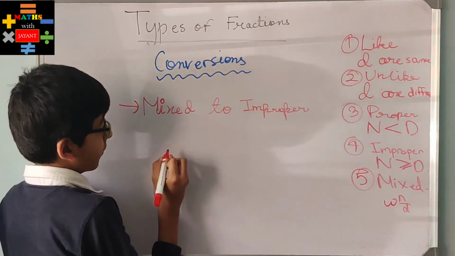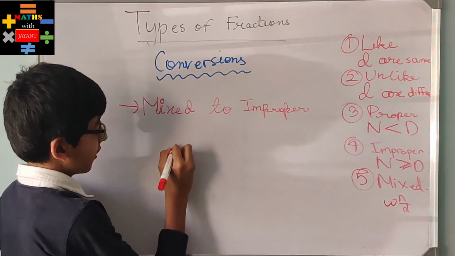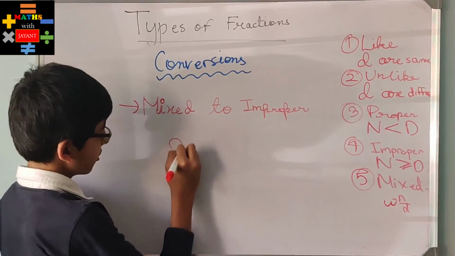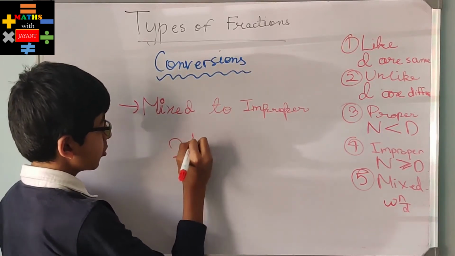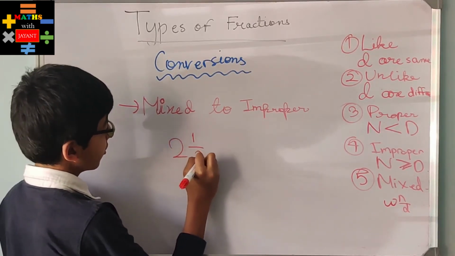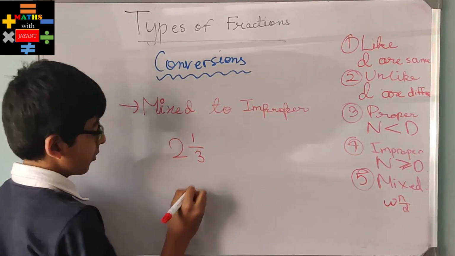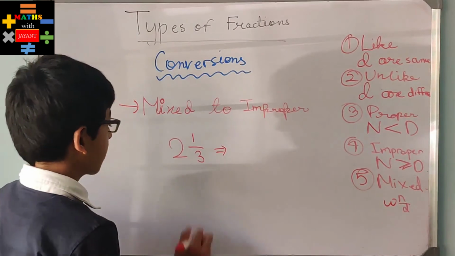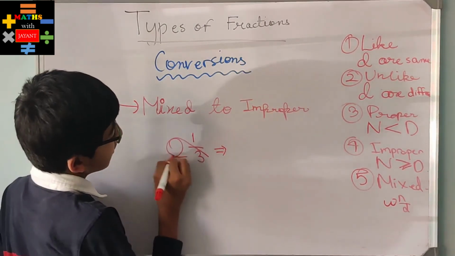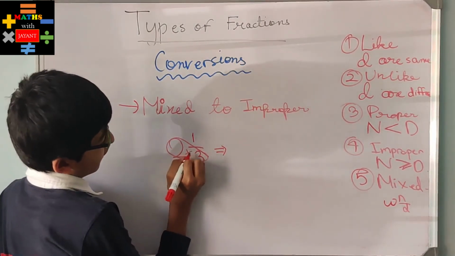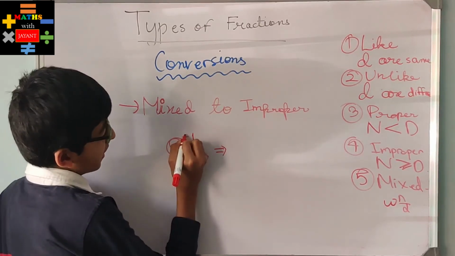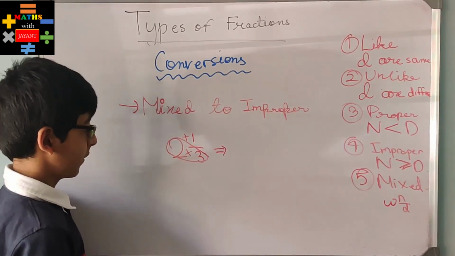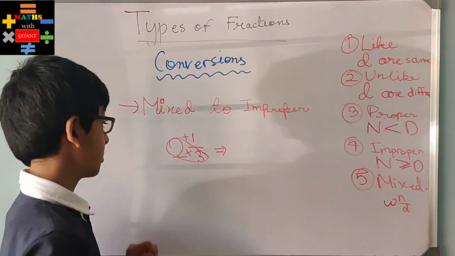Let us take a mixed fraction, 2 1 by 3. What step should we do? We are going to do this into this, and then whatever answer we get, plus this. So this is how we are going to do it.